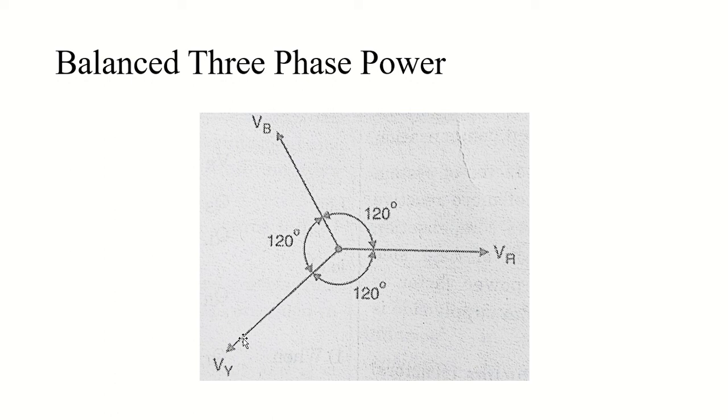Because if you have given supply to one colony with R phase, and then another colony from B phase, the other colony from Y phase, then there is no chance, there is no possibility that the power which will be consumed by the load will be identical.